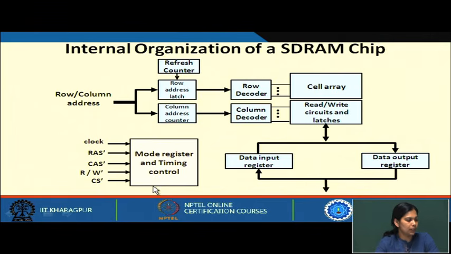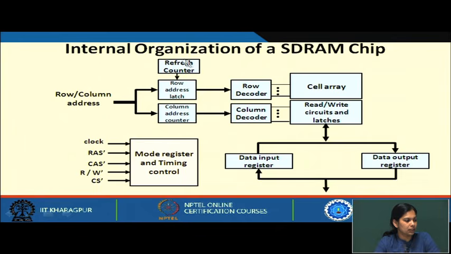Along with this, we have a mode register and timing control, where the clock is provided. Other signals like RAS and CAS are also provided, and two more signals, that is read write and chip select.